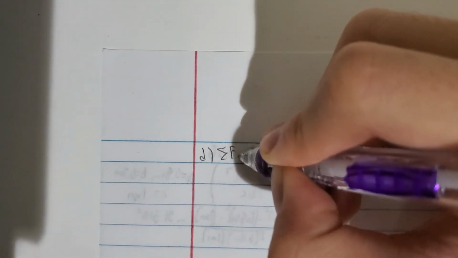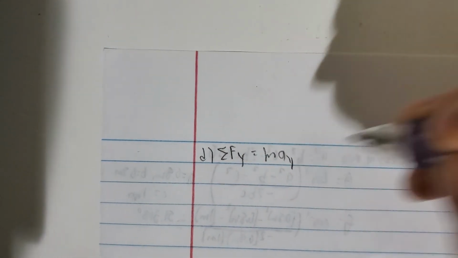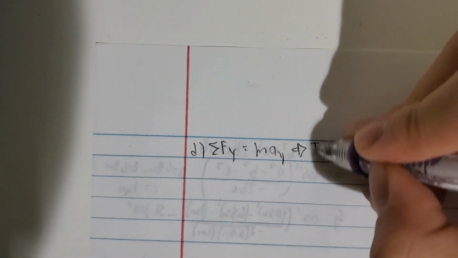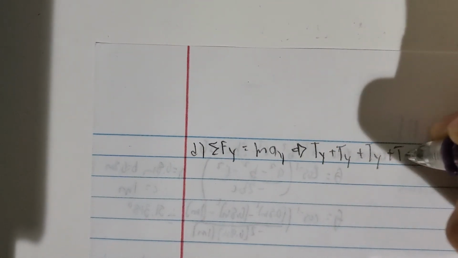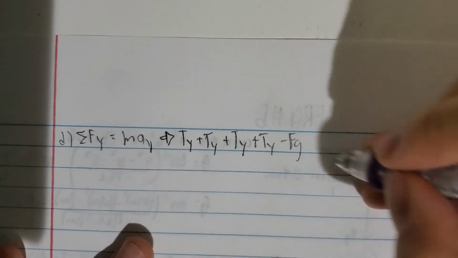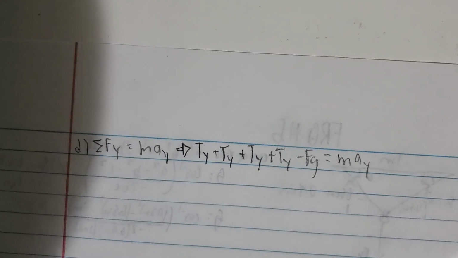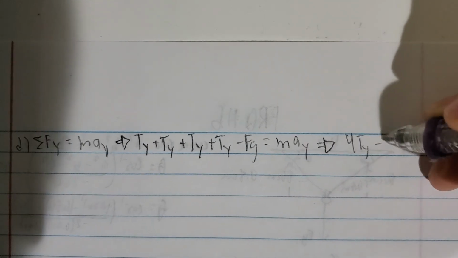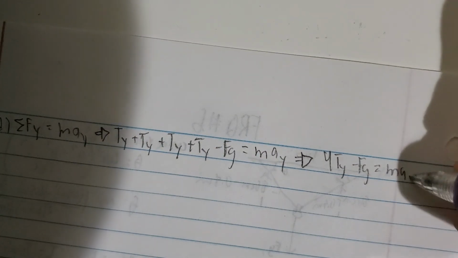Part D. Total force in the y direction is mass times acceleration in the y direction. Our total forces are ty plus ty plus ty plus ty minus Fg, equal to m ay. This reduces down to 4 ty minus Fg equals m ay.